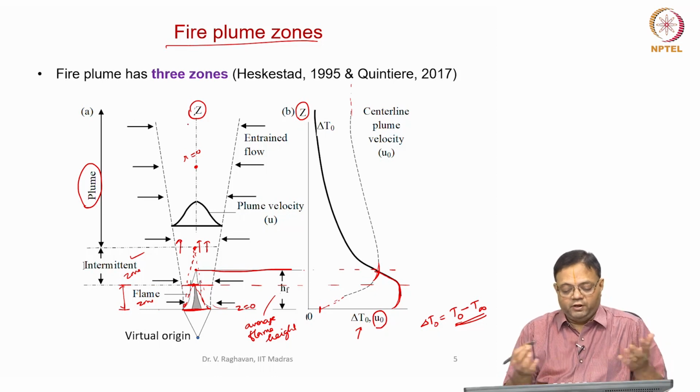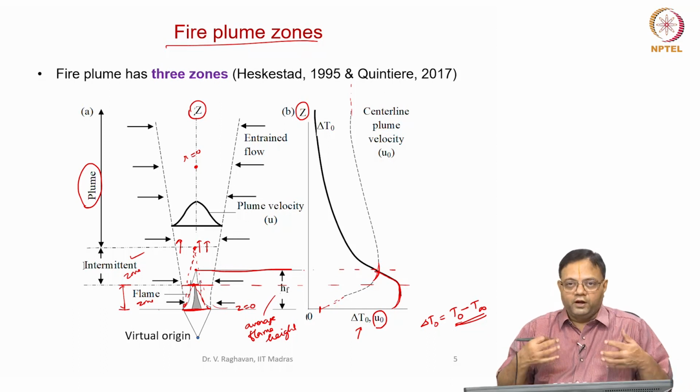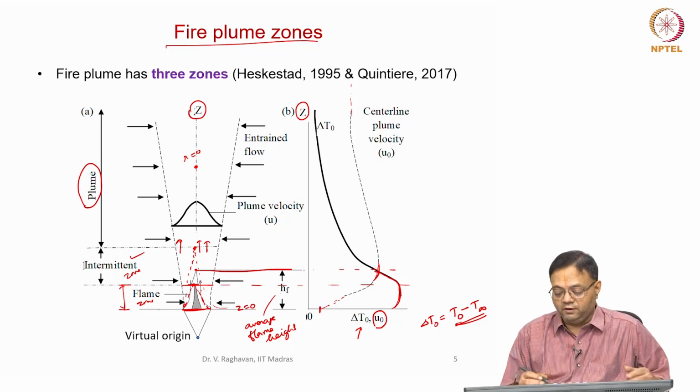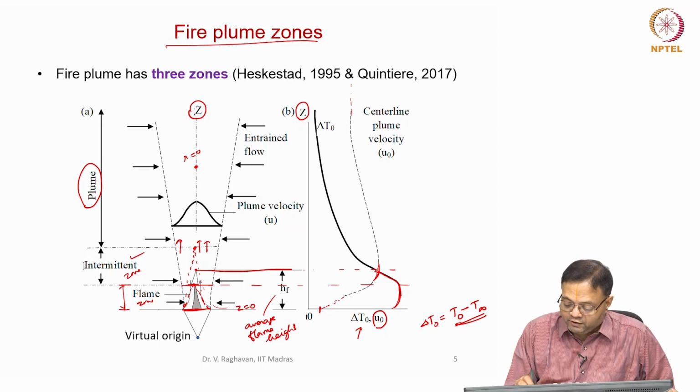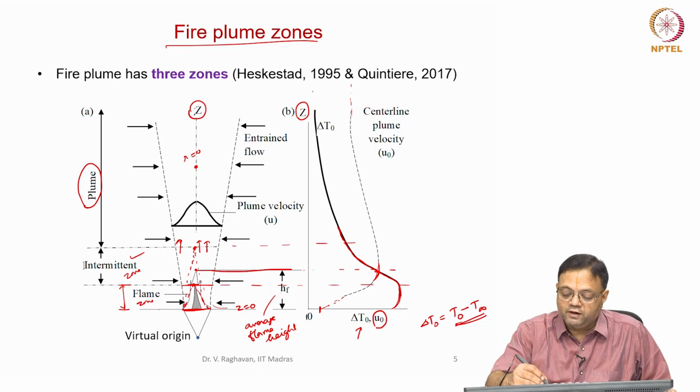because of heat transfer or heat loss, and also no heat generation due to chemical reaction. After the average flame height, the decrease continues, and after the intermittent zone it slowly decreases and asymptotically reaches a constant value.